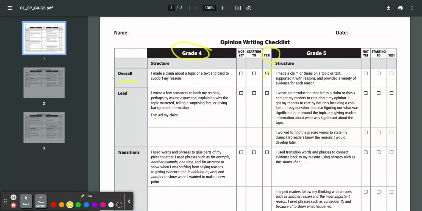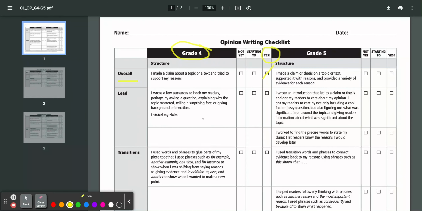The next one says lead. Did you write a few sentences to hook your reader at the beginning? Maybe you asked a question, or you explained why your topic mattered. Maybe you told a surprising fact or gave background information.